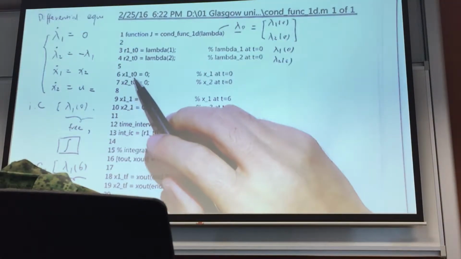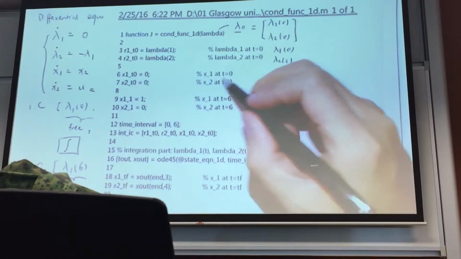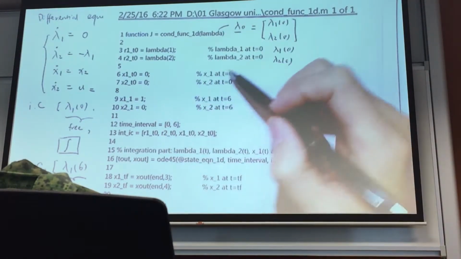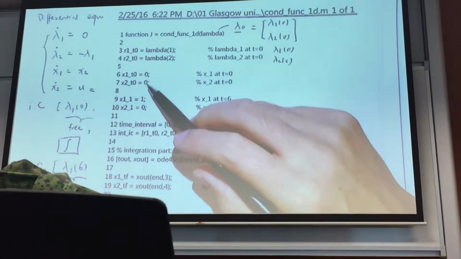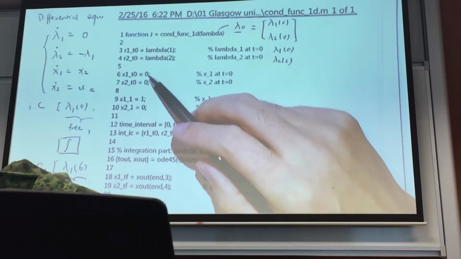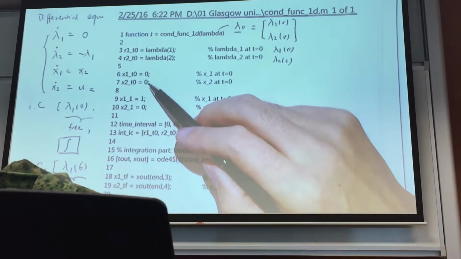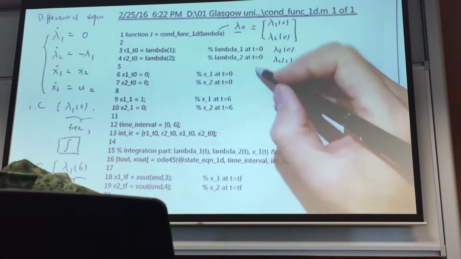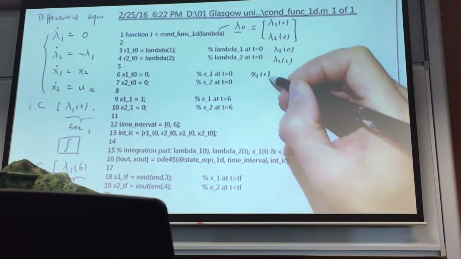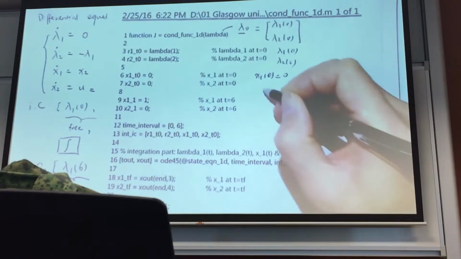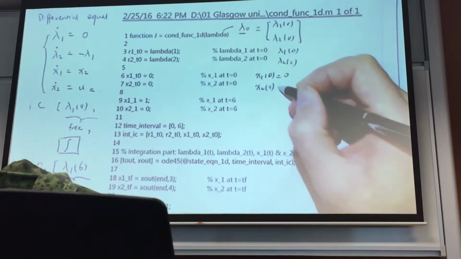So this one is the x1, 0. x1 at t equal to 0 equals 0, and x2 at t equal to 0 equals 0, because the initial location is 0 and the initial velocity is 0. So we require x1, 0 equal to 0 and x2, 0 equal to 0.